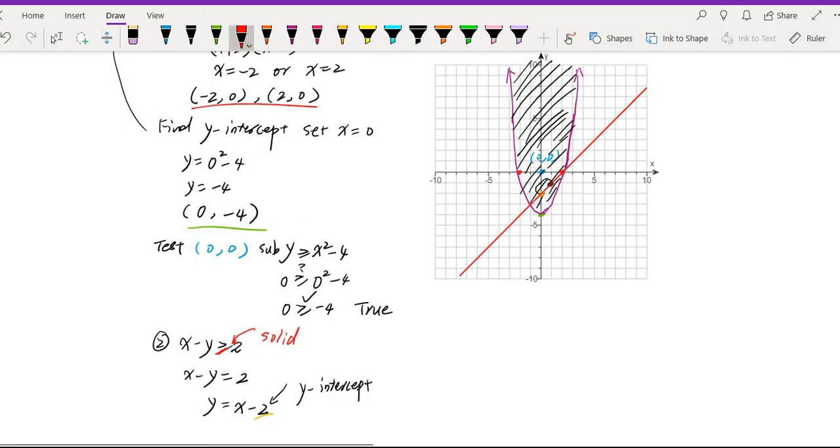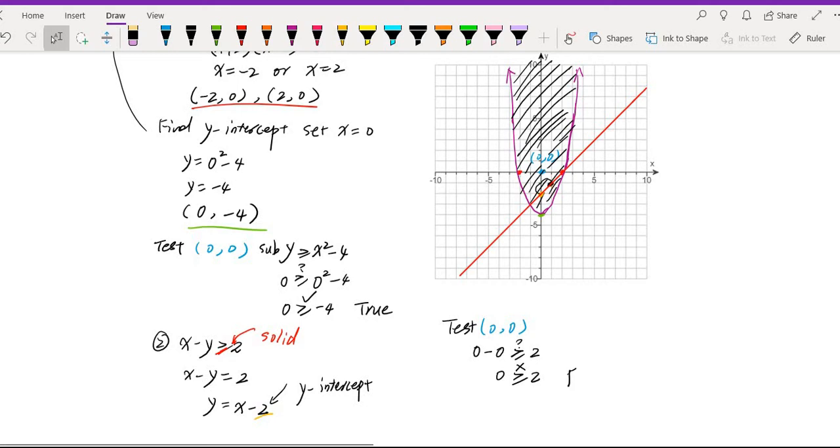Once we draw this line, we have to test a point again. Because (0, 0) is not on the line, we're just going to test (0, 0). Substituting into the inequality, that will be 0 minus 0. We're going to check, is it greater than or equal to 2? The answer is no, 0 is not greater than or equal to 2.